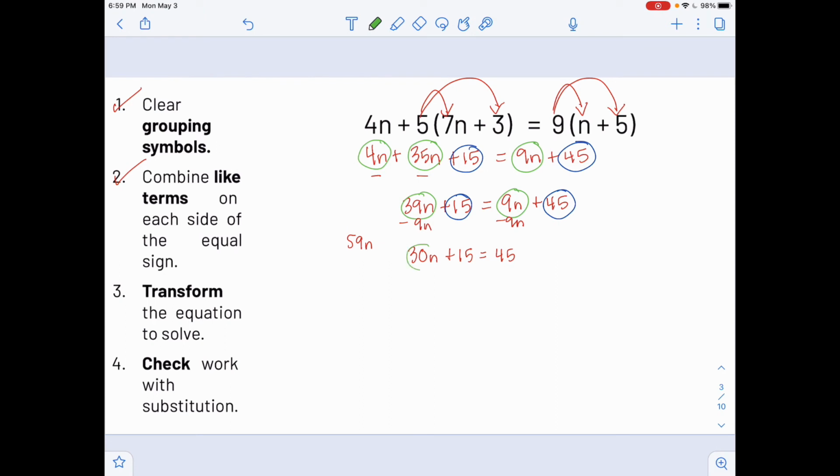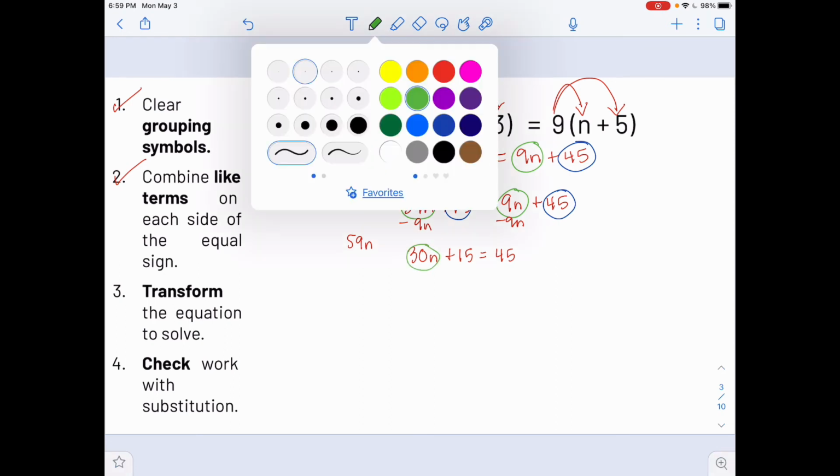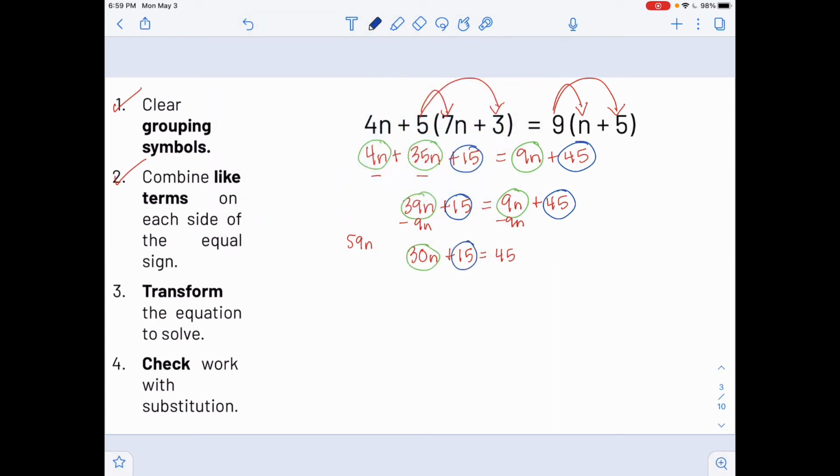So now you can see I have all my variable terms on that left side, but I still have constants on both sides. So my next move needs to subtract 15 so that my constants are all on one side. So I have 30n, and 15 minus 15 is 0, so I don't have to even write it down. 45 minus 15 is 30.